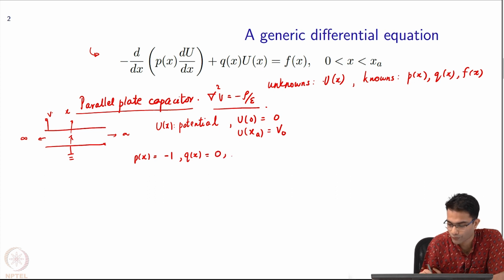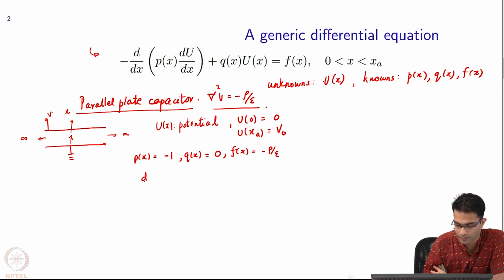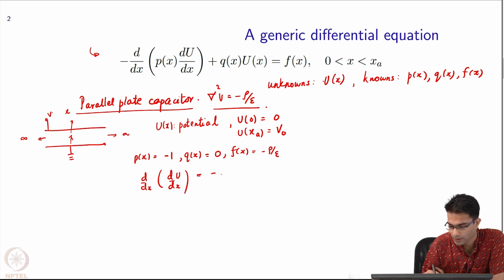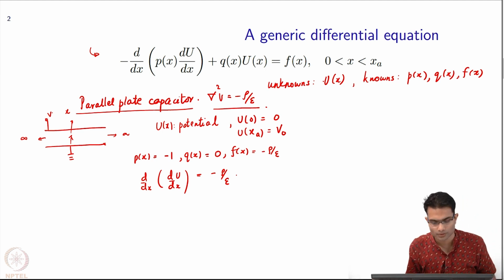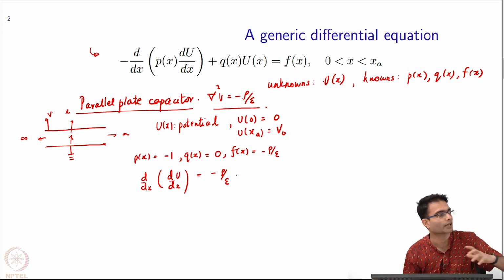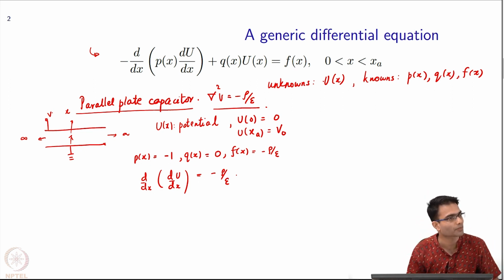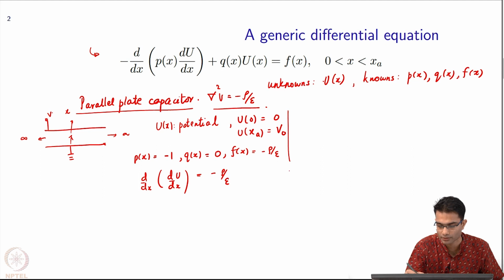And then f of x will be minus rho by epsilon. So then that will become d by dx of du by dx is equal to minus rho by epsilon. Nothing new here, just saying that this generic looking equation can capture a lot of problems in electromagnetics, that is why we look at it.